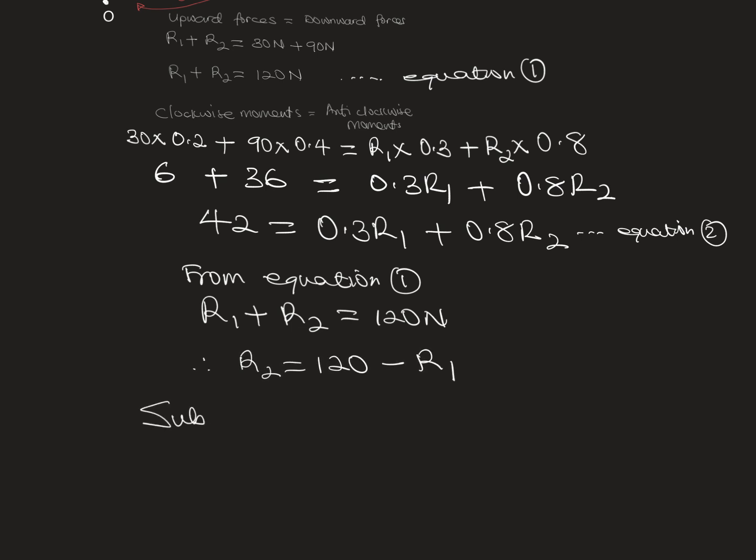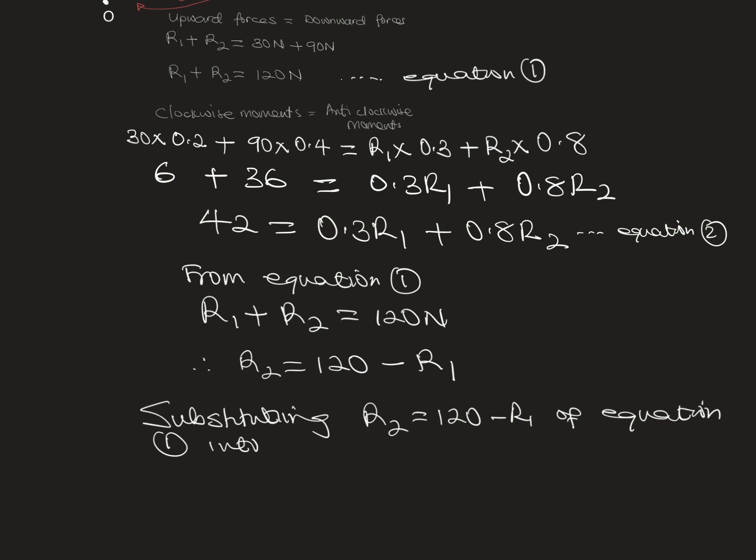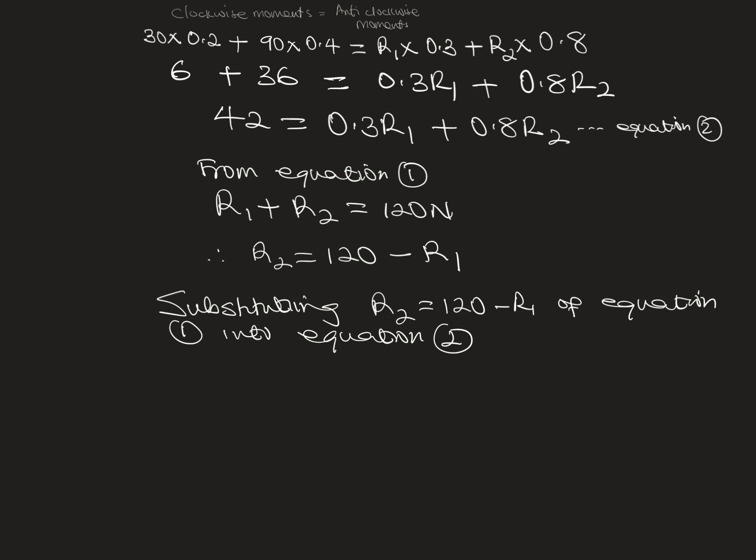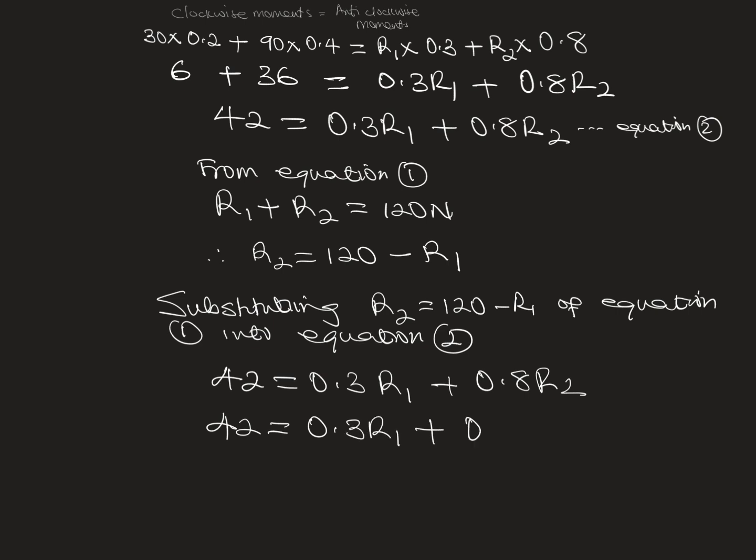So substituting R2 equals 120 minus R1 of equation 1 into equation 2. What do we get? First, what is equation 2? It is 42 is equal to 0.3 R1 plus 0.8 R2. Then 42 is equal to 0.3 R1 plus 0.8 into what is R2, 120 minus R1.